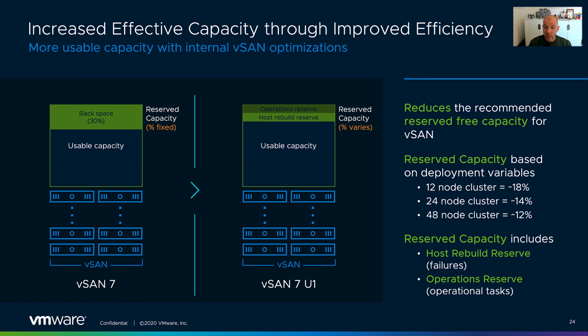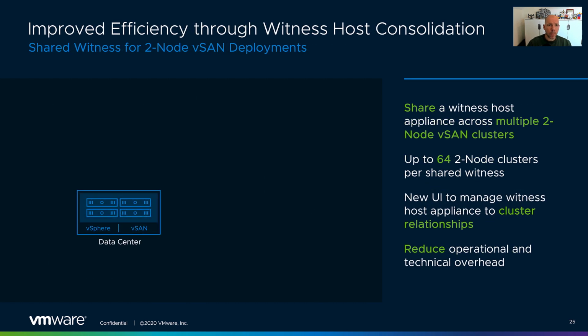And if you have an even larger cluster, it actually drops down to 12%. So from a capacity standpoint, there's a lot of reasons for enabling this capability. On top of that, what I also feel is very valuable is the fact that this is set aside automatically by vSAN itself. So you as an administrator don't necessarily need to constantly monitor what is happening from a capacity standpoint.